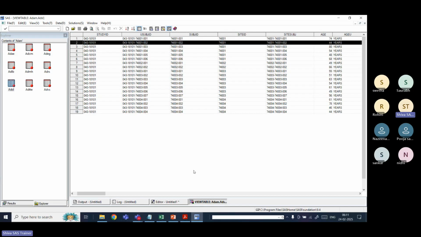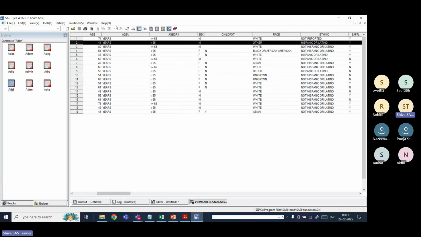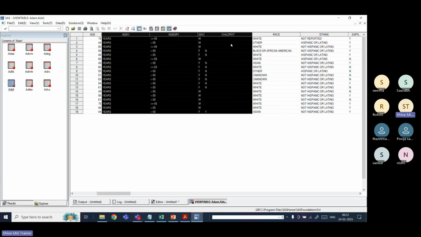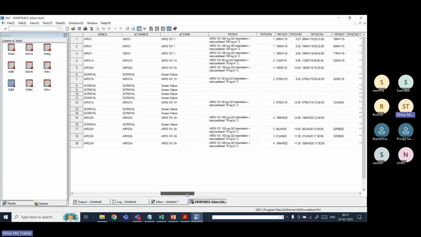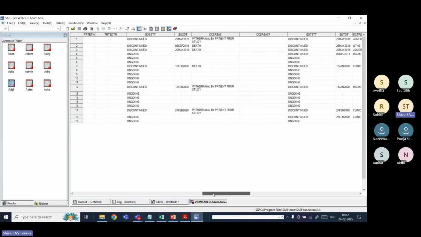So it is a one-record-per-subject dataset containing basic variables like age, sex, and race, basic characteristics variables, as well as some treatment variables like TRT01P and TRT01A, and some disposition-related information.